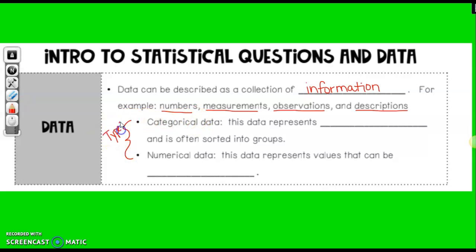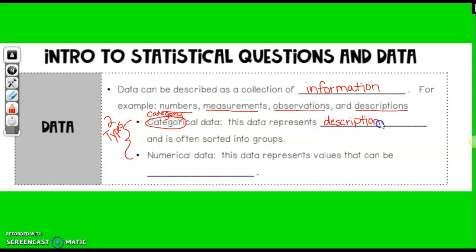Okay, two types. You have categorical data. So look at that word. You should kind of hear another word that you're familiar with inside that word. If you look right here, category, it's like a category. So categorical data, this is just data that represents descriptions of things, okay?